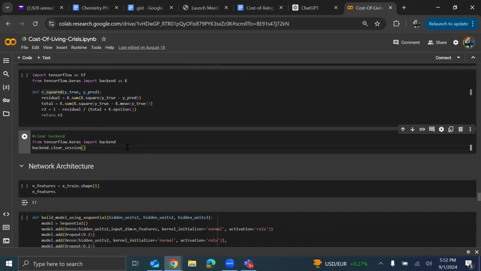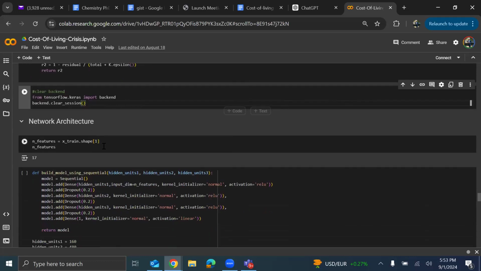If you are training a network, the weights tend to accumulate at the backend. So your model may look as if it's performing well, but it's not actually performing well. It's actually reusing what it has learned from past training. So that's why you regularly clear the backend.